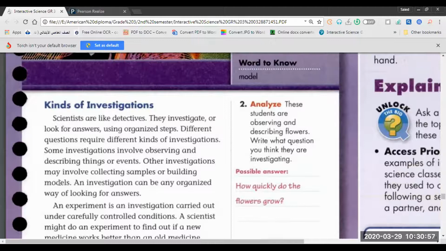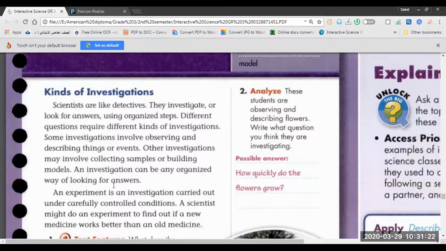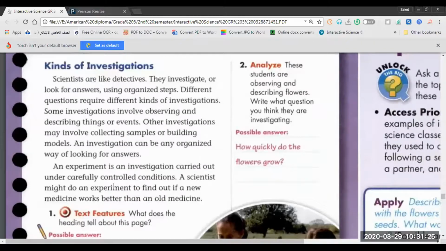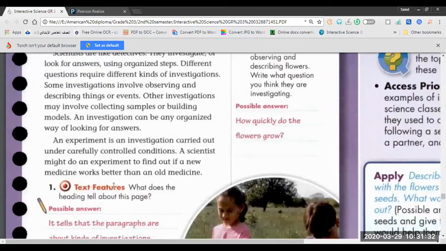The model helped us compare the length and height of your finger in real with the length and height of your finger when you place your hand on a paper to make a model. Investigation can be any organized way of looking for answers. When you make an investigation, you have to follow an organized way. Without an organized way, you are not making an investigation.